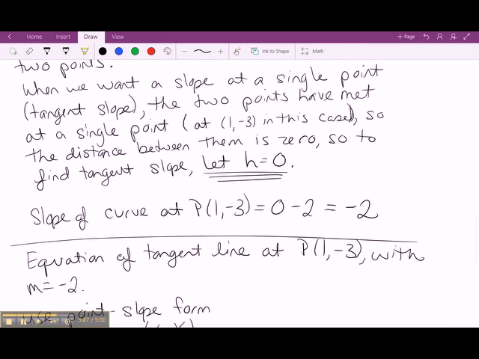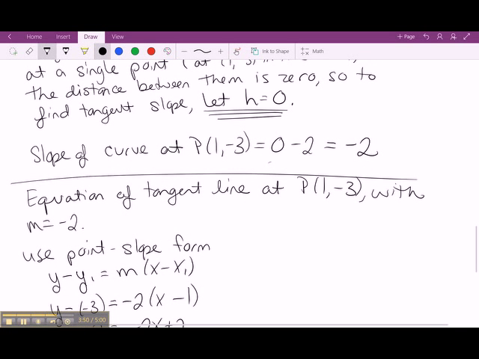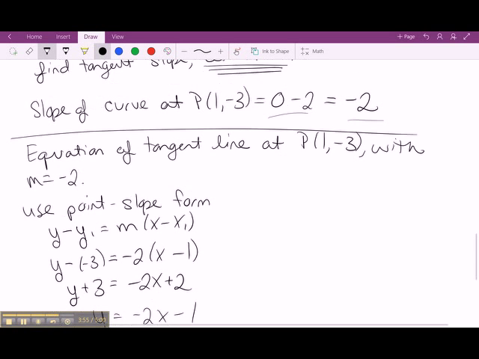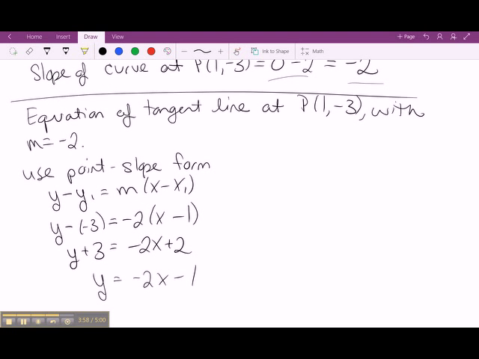So if we plug in 0 into h minus 2, which is what I did here, you get negative 2. So that's the slope of the curve at that point. That answers part A for number 10. And then we need to go on and find the equation of a tangent line at a point with that slope. So we're working with the point 1, negative 3, and we have a slope of negative 2. This goes back to basic algebra. You're going to use point slope form.